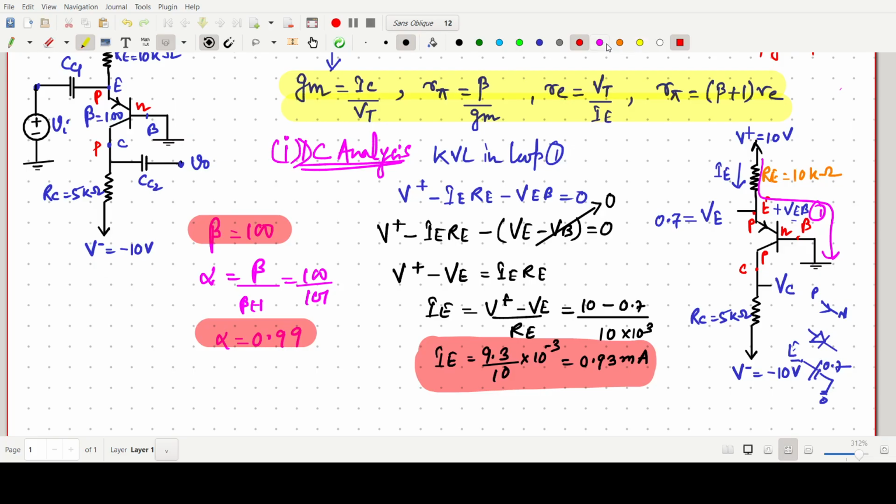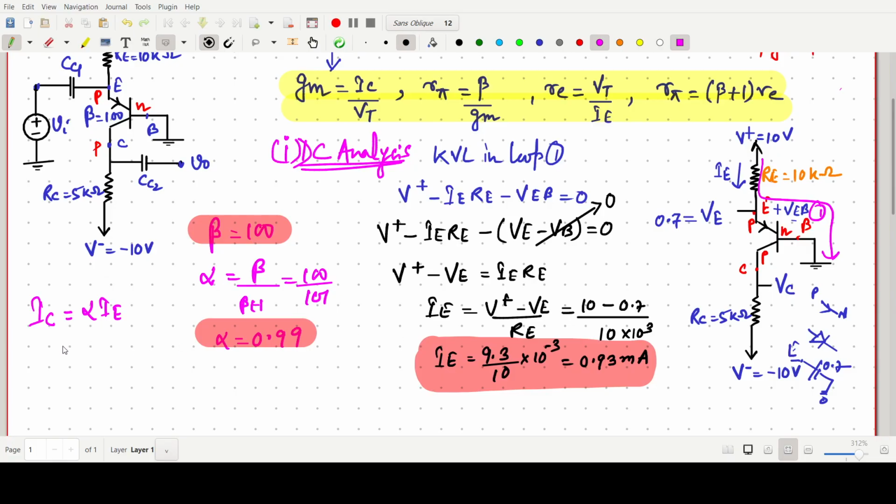So now the IC value, we can say the collector current here, the IC value is simply our alpha times IE, or beta IB we can say, but we don't have the IB value.